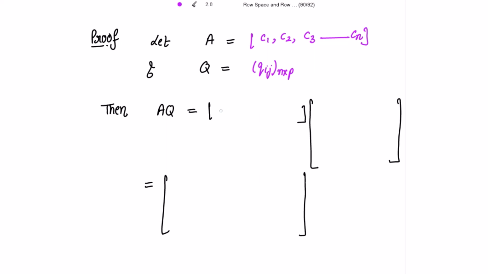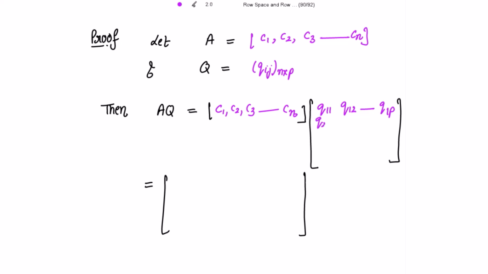So writing A as C1, C2, C3 up to Cn, and writing Q in matrix form as Q11, Q12, up to the element present in the first row. How many columns are there now? P columns, so the pth column.